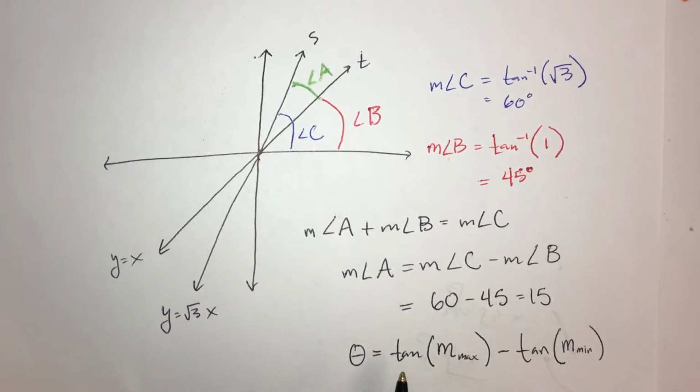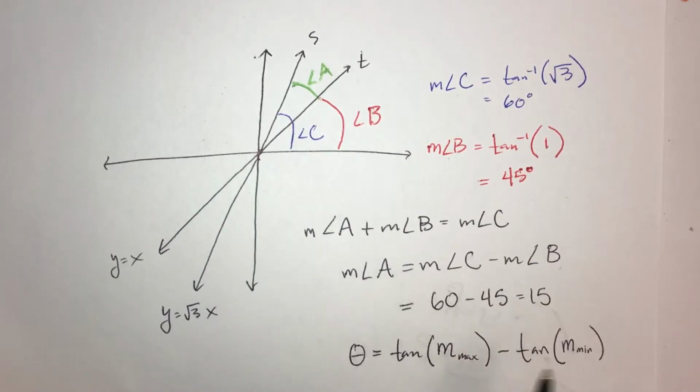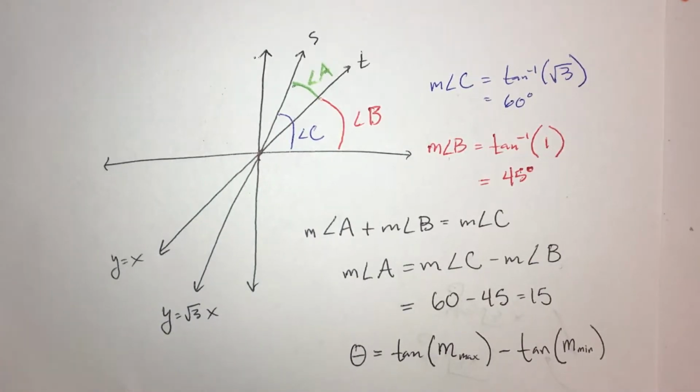So now we have a method to find the angle between two lines. That's pretty interesting when their slopes are both positive. We'll maybe work later on a formula that gives us the angle between two lines when the slopes are negative. But I don't want to worry about that right now.